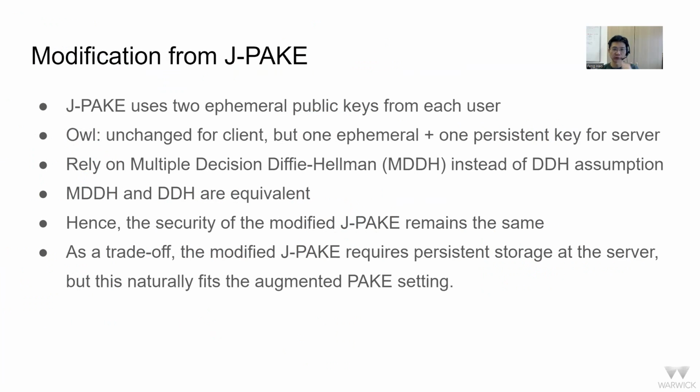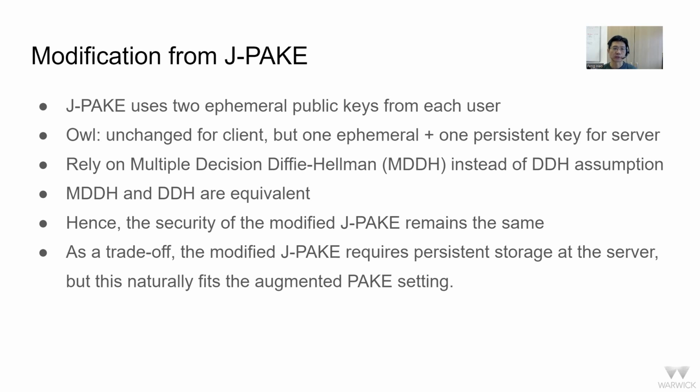How is this protocol different from JPAKE? In JPAKE, we use two ephemeral public keys from each user. In OWL, this is the same for the client, but the server uses only one ephemeral key, and the other key is fixed, so that it is stored on the server.